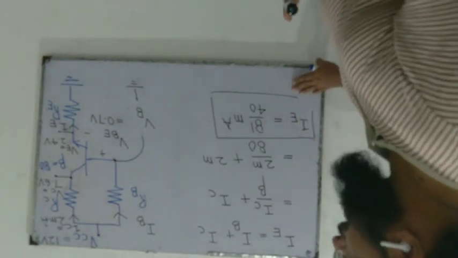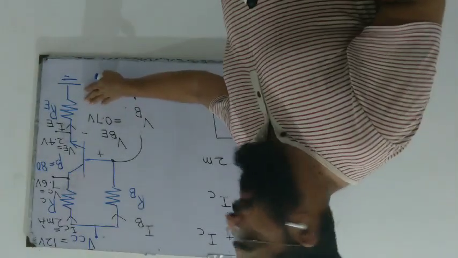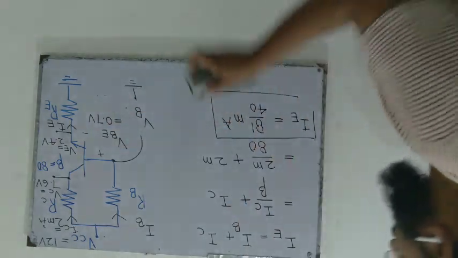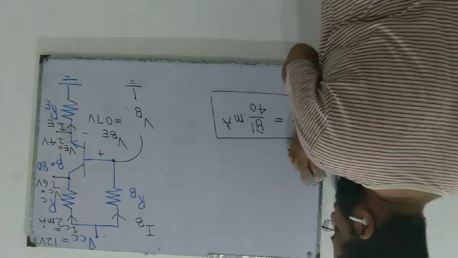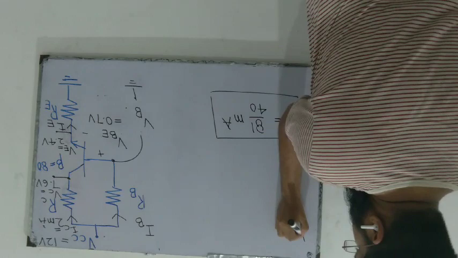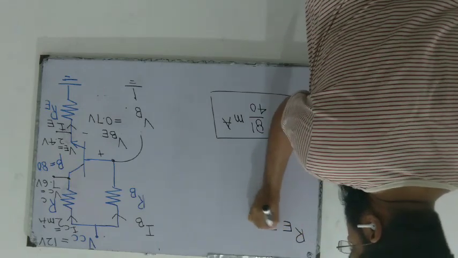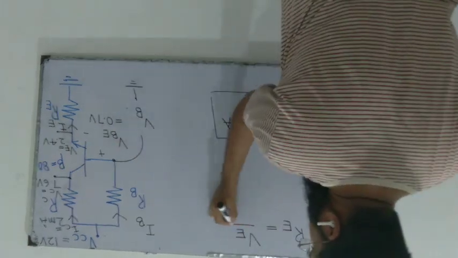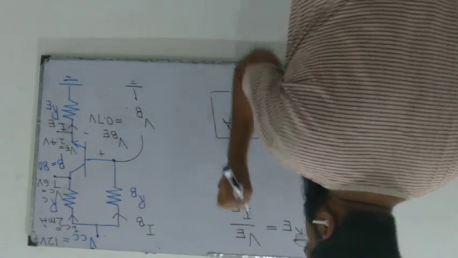So once we know IE, we can find out the value of RE because we know the voltage drop across it. So by applying Ohm's law, RE is the voltage drop across the emitter resistor divided by the current flowing through it.